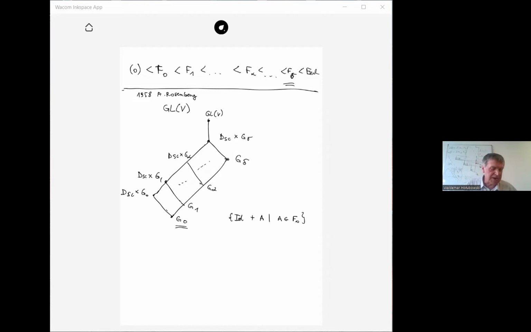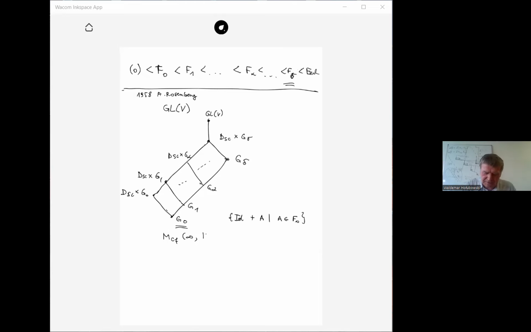I studied earlier groups of column-finite matrices indexed by positive integers, and after some time I looked at the Lie algebra of such column-finite matrices.